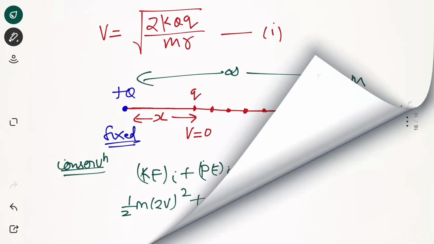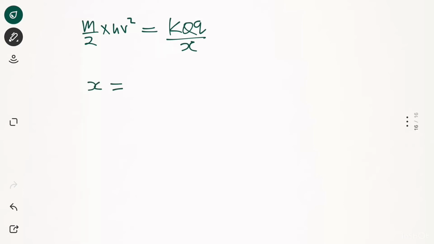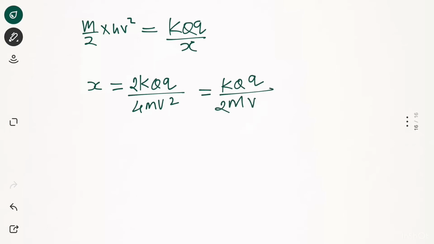So we got m by 2 into 4v square equals kQq divided by x. Now x equals 2kQq divided by 4m v square, or kQq divided by 2m v square.